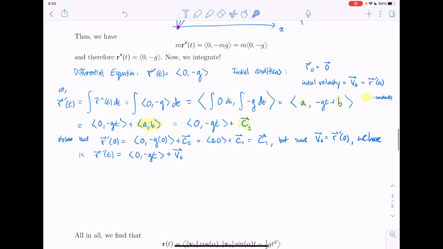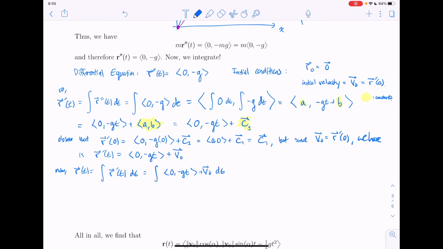We can do the exact same process to start with r prime and somehow get back r. So we're going to do the exact same thing. r of t is going to be given as the integral of r prime of t, which we know now is the integral of the vector 0, negative gt plus v naught.